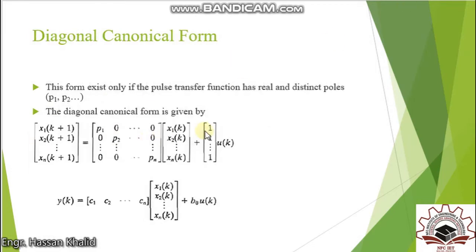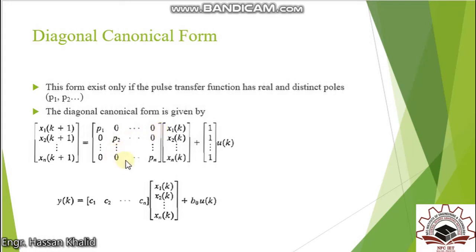Now comes the diagonal canonical form. If you have a characteristic equation obtained from the pulse transfer function and the roots are all real and distinct, then you can easily form the G matrix by placing those roots at the diagonal and keeping all the other entries as 0.